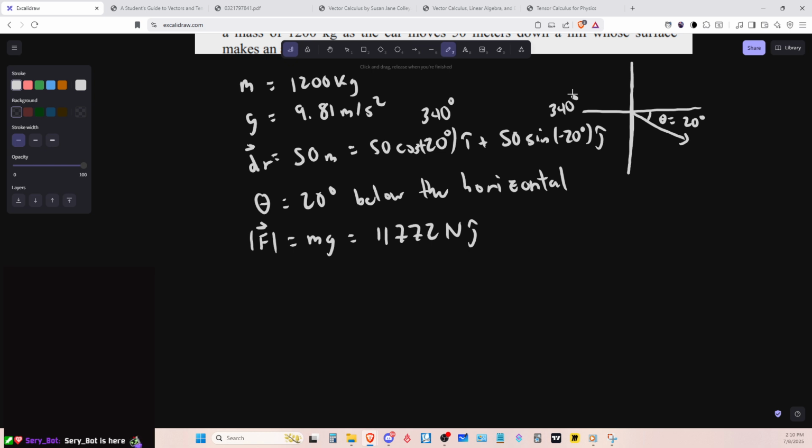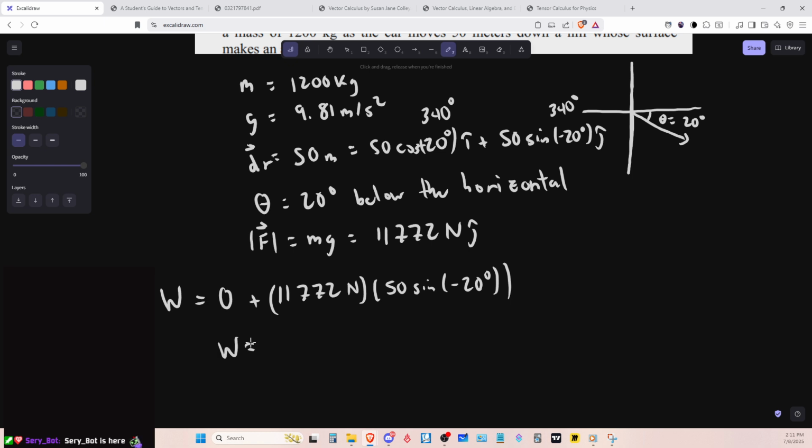Okay, so we got the mass, we got the force, so the work is basically the dot product of these, so this has to be multiplied by this, plus, and then we have 0 for the other component, so that term is going to be 0 for the work done.